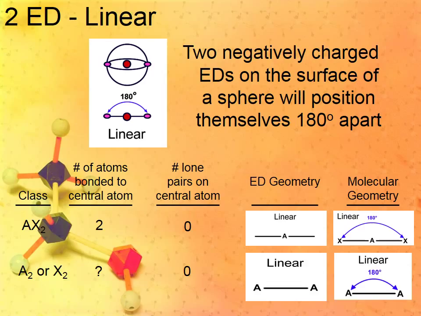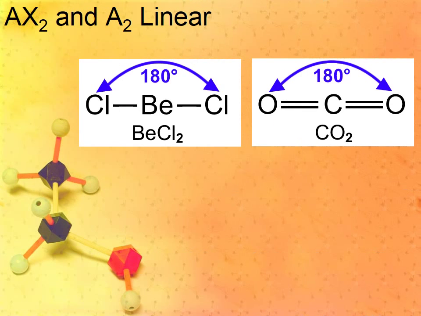And again, with the molecular geometry, we have to specify the angle and we have to show what the atoms really are that are involved in this particular molecular geometry. For example, the two A's could be, let's say, two atoms of hydrogen. Here are examples of the linear type.